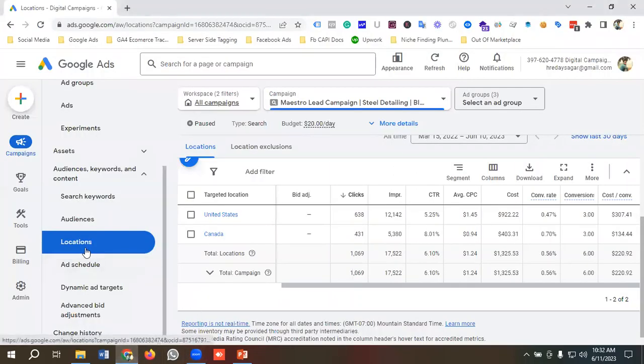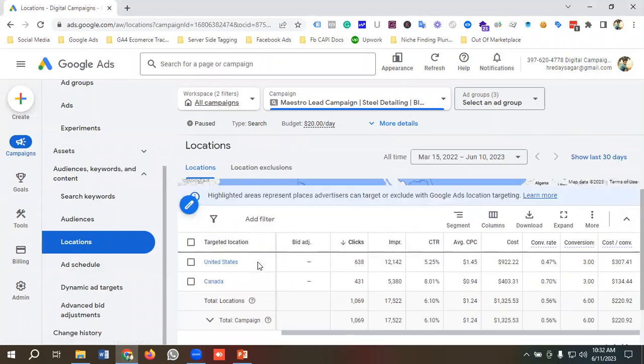So here in the location options of our Google Ads, we can see all the targeted locations of our campaigns. If you are targeting multiple cities or multiple countries, then you can see the performance of those specific locations here, like how many clicks they are getting, how many impressions they are receiving, what is their CTR, what is their average CPC, what is the total cost, what is the conversion rate, how many conversions they have got, and what is the cost per conversion.